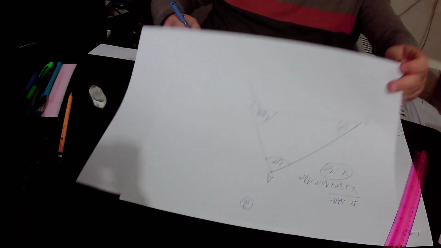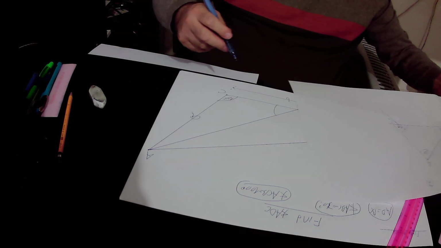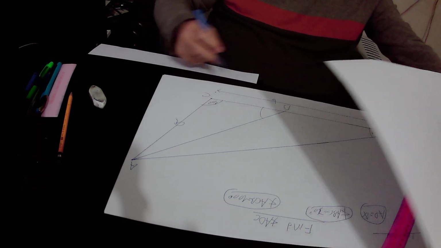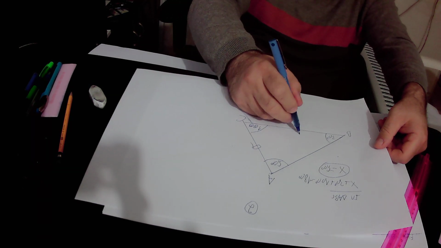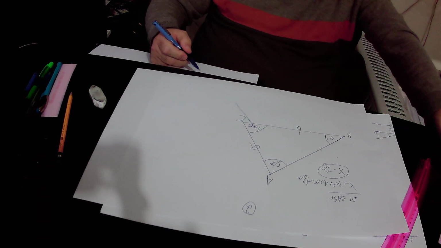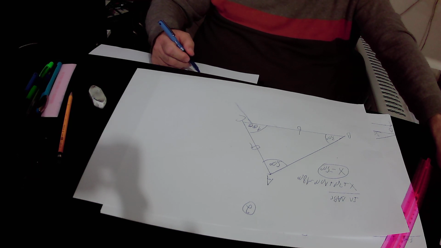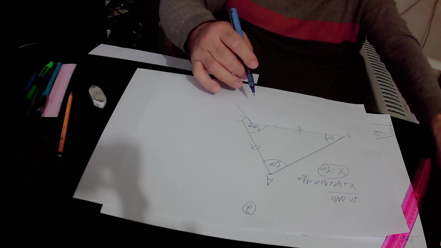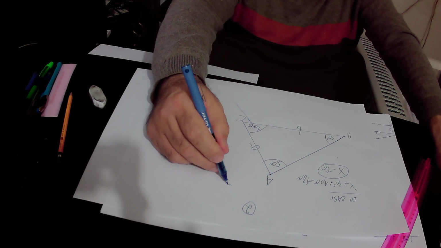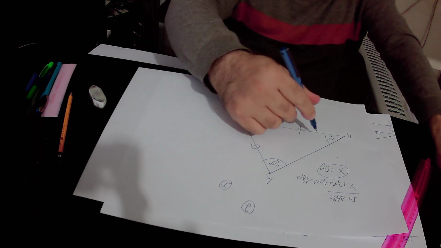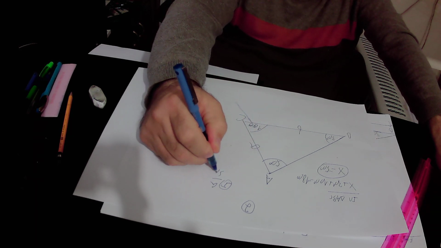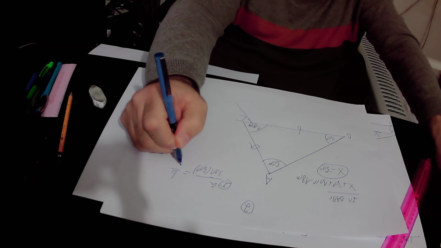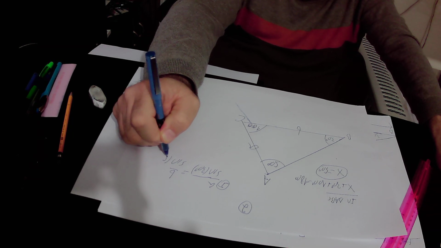And actually, we defined side AC as A, and side BC is defined as B. Then, if we implement the law of sines in triangle ABC, we will get that A over sine 30 degrees must be equal to B over sine 50 degrees, according to the law of sines.